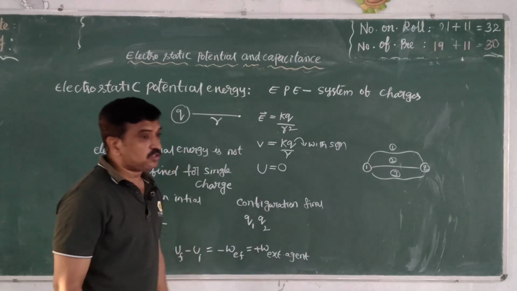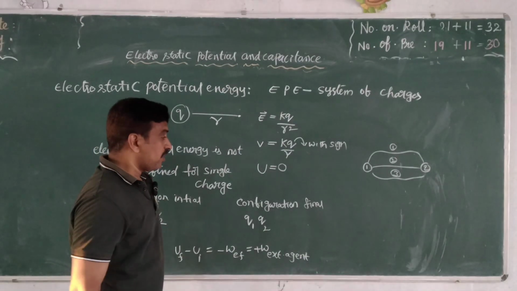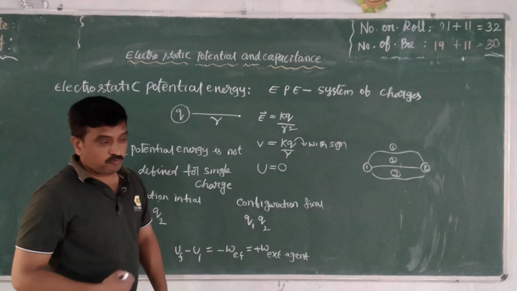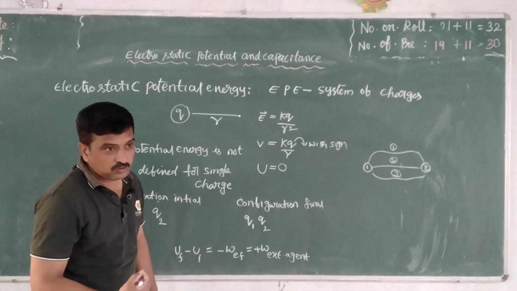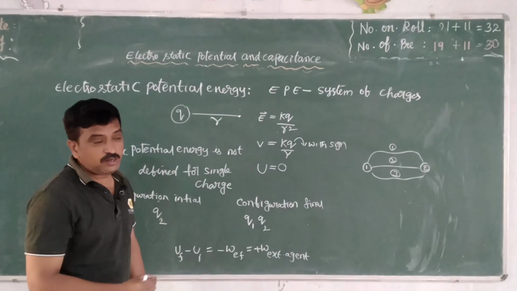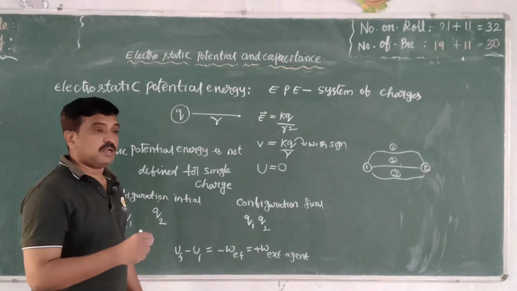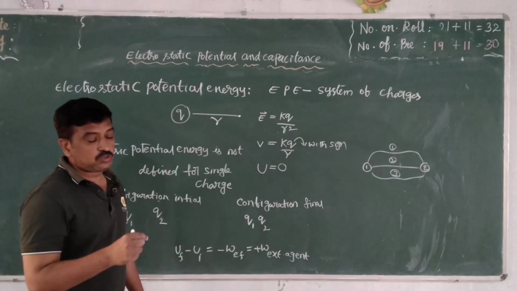Why are we writing positive of work done by external agent? While writing work done by external agent, we have one condition: provided change in kinetic energy is zero, there is no change in speed.